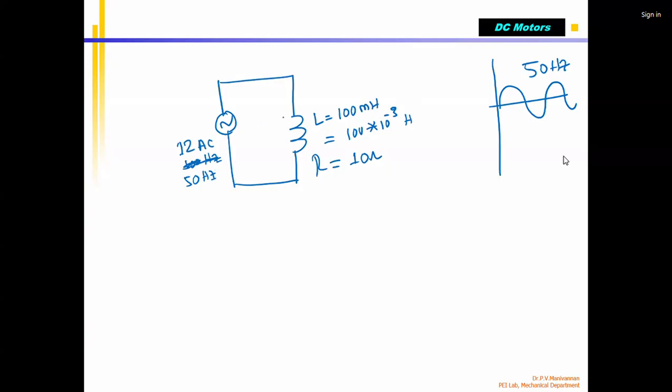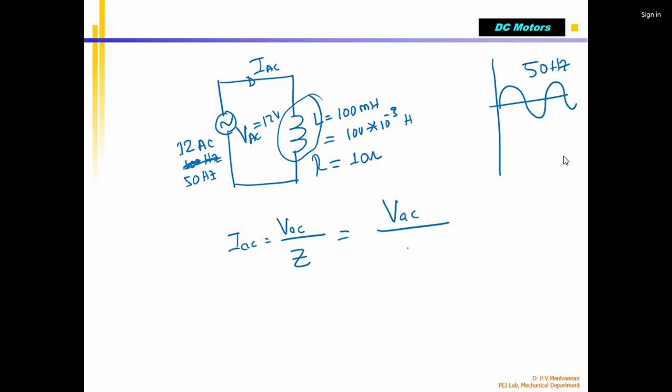Now, instead of supplying a DC voltage, I am supplying an AC voltage. This is my VAC, equal to 12 volts. There will be a current flow IAC equal to VAC divided by Z, because I have an inductor, not just a resistor. It has two properties: inductance plus resistance. Since inductance is there, we need to calculate Z, which is the square root of R square plus XL square.